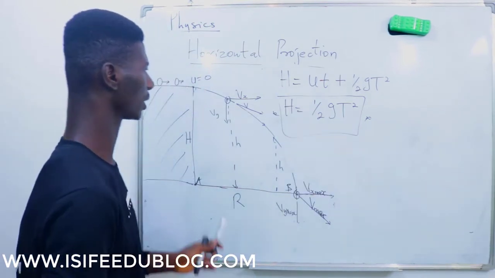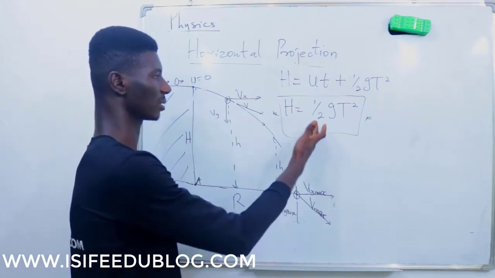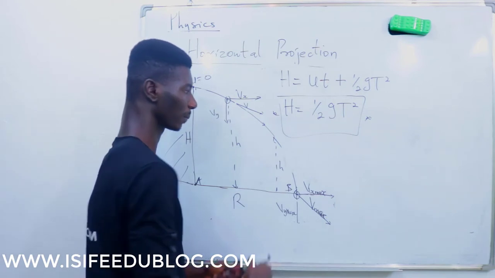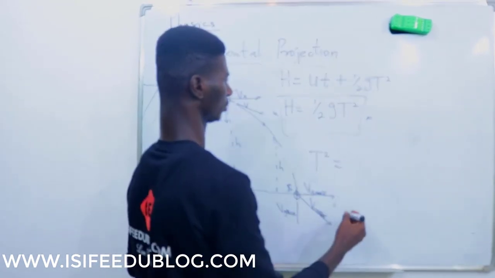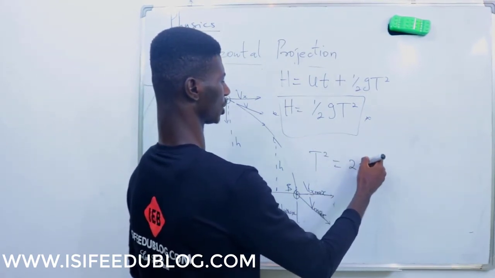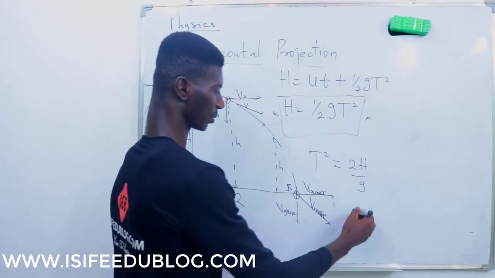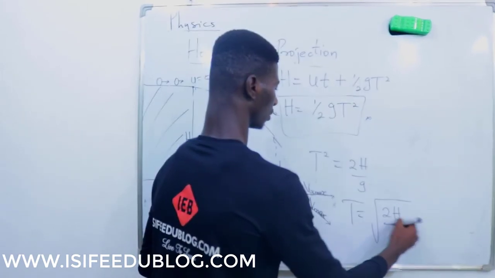Next thing we need to do is to get our time of flight. Time of flight can easily be gotten from this. It's direct. Make t the subject of the formula from this equation. t squared becomes 2h over g. If you make t the subject, the time of flight becomes the square root of 2h over g.